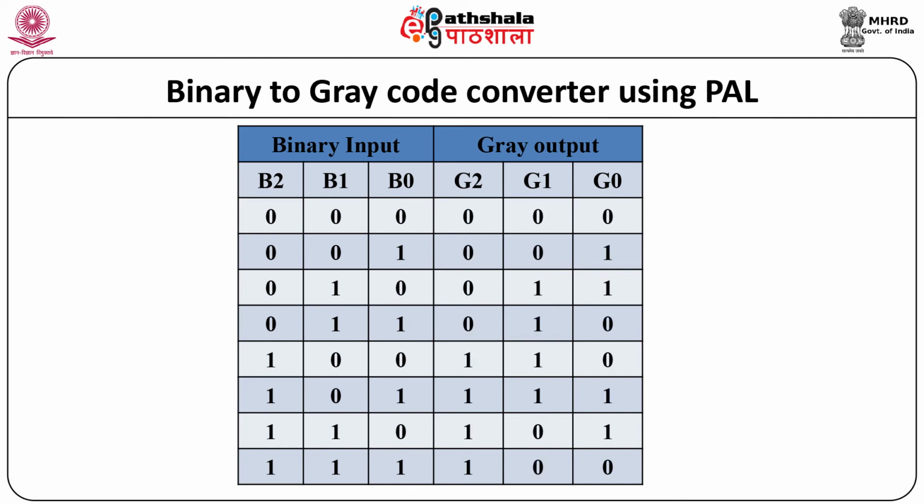Now we can write the 3-bit gray code for each 3-bit binary. For 0 0 0 binary, the gray code is 0 0 0. Next it is 0 0 1. Next it is 0 1 1 and 0 1 0, 1 1 0, 1 1 1, 1 0 1 and 1 0 0.